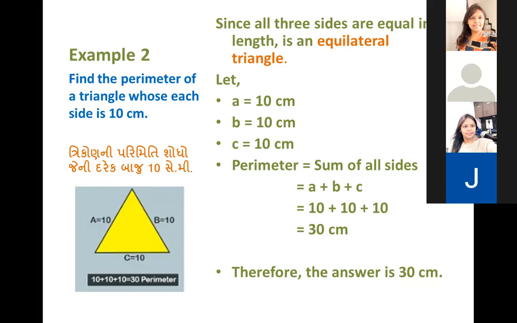They asked you to find the perimeter of a triangle whose every side is 10. And you know a triangle has only 3 sides, and this type of triangle represents the equilateral triangle. So this is the answer.